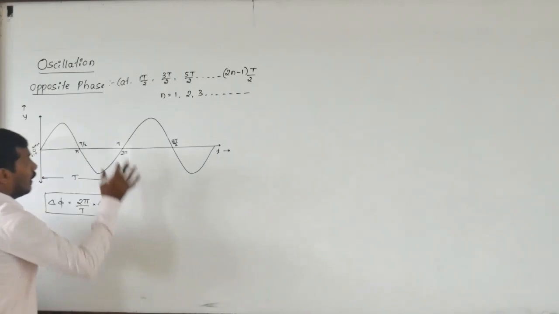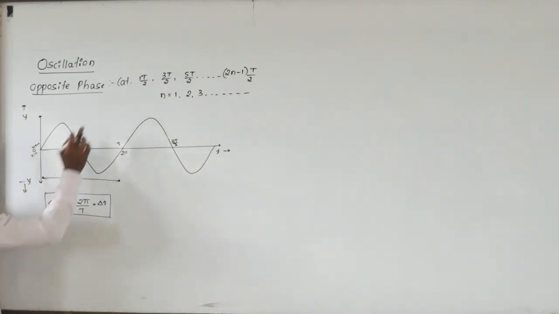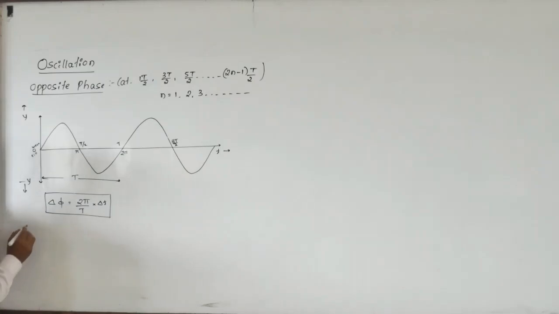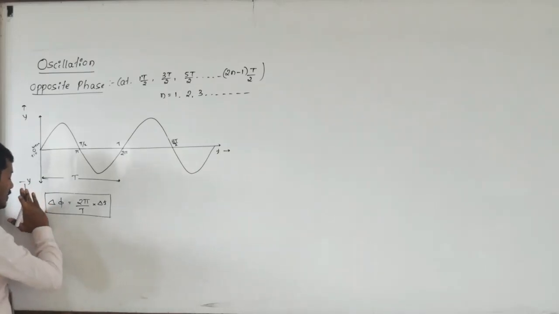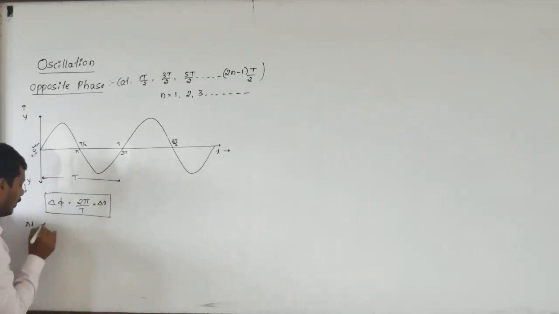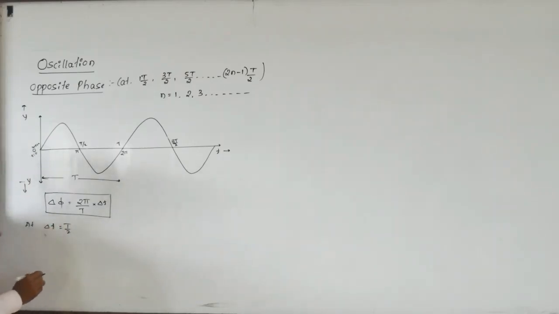Then we have to find the phase difference at these positions. First one: the opposite phase starts from here up to here, so delta t equals T by 2.